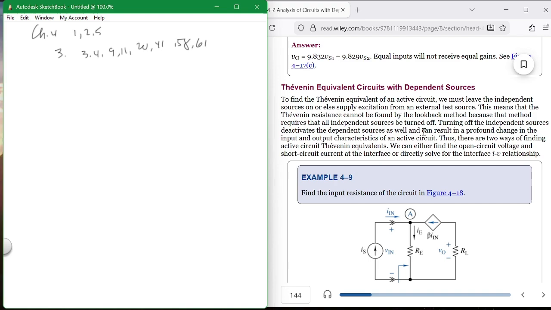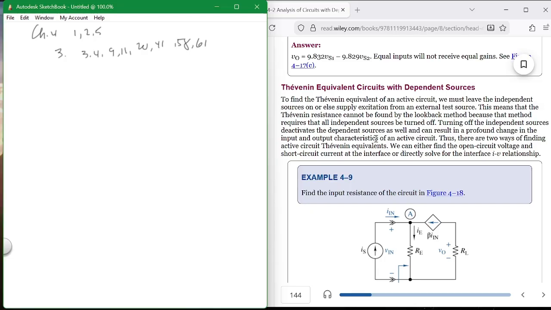This is a caveat to Thevenin. To find the Thevenin equivalent of an active circuit, we must leave the independent sources on or else supply excitation from an external test source. This means that the Thevenin resistance cannot be found by the look-back method because that method requires all independent sources to be turned off. Turning off the independent sources deactivates the dependent sources as well and can result in profound change in the input and output characteristics of an active circuit.